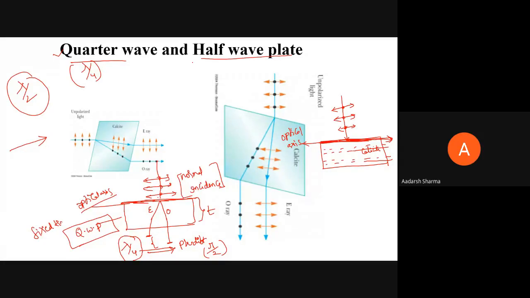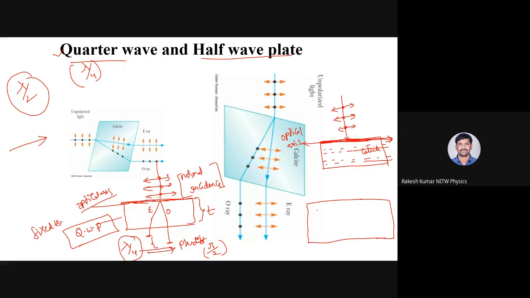Increase. Yeah, as you increase it, your E ray undergoes more effect, and as a result, you are going to increase the path difference between the ordinary and extraordinary rays. So that means you are going to take a slightly larger thickness crystal.